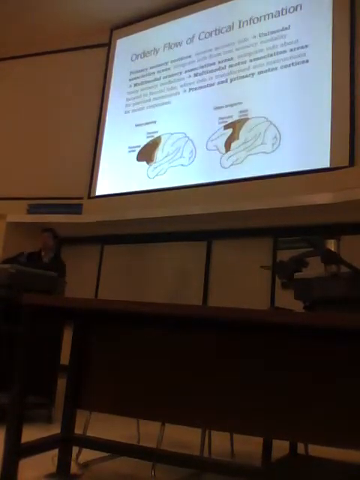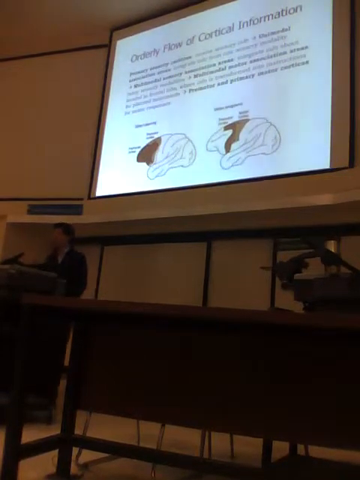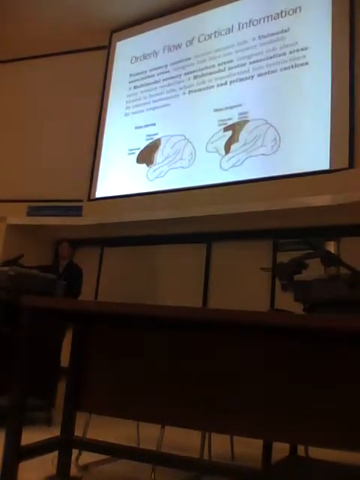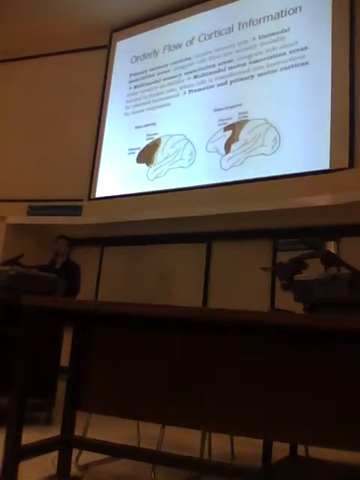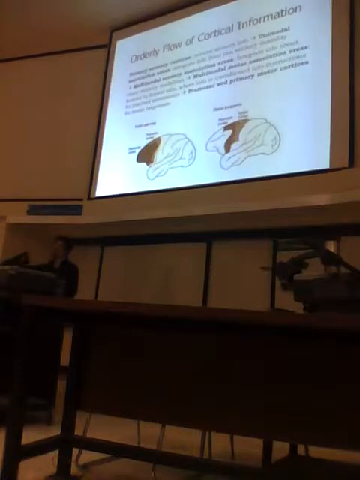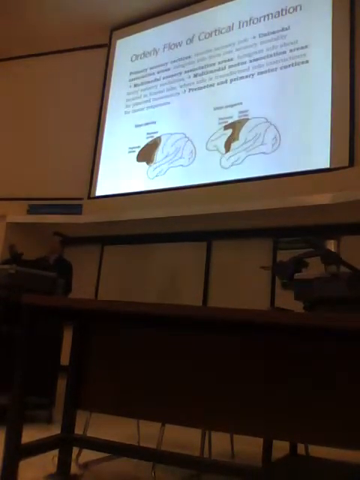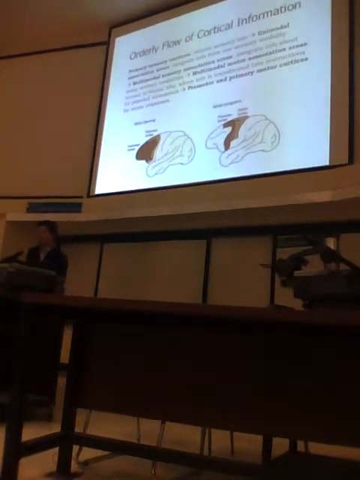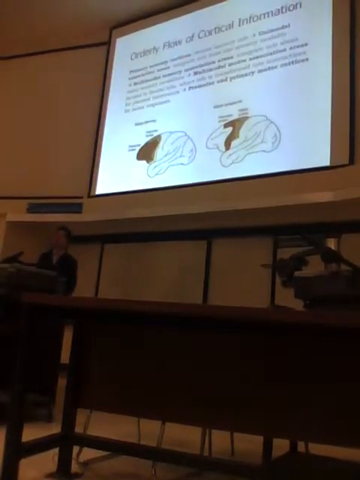So once the unimodal areas process the information, they then pass it on to multimodal sensory association areas. So there's a clear hierarchy beginning with primary cortex at the bottom, unimodal above it, multimodal sensory association areas even higher. And the multimodal areas, as you can imagine, integrate multiple sensory modalities.